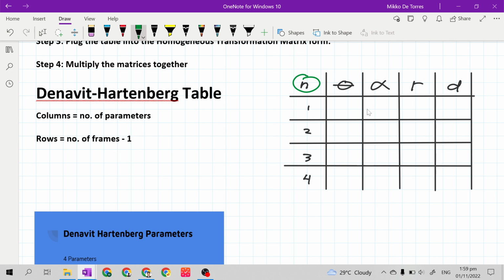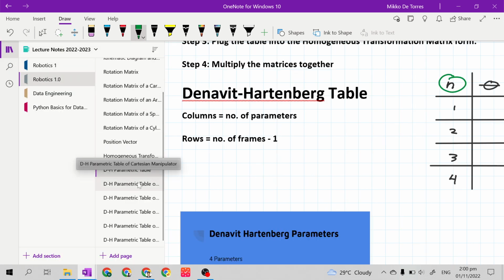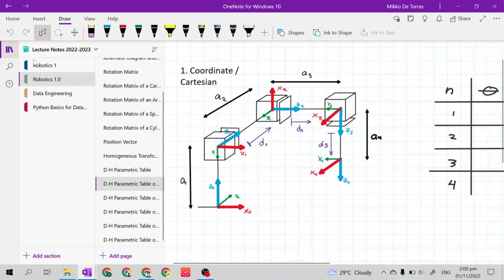This table came from a Cartesian manipulator with a stand that has 5 frames from the base to the end effector.